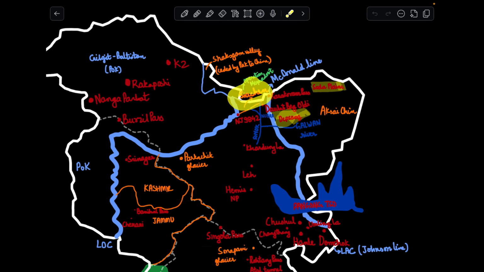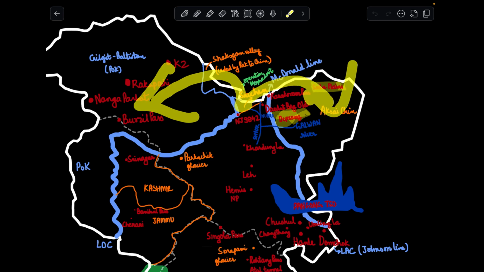In Siachen Glacier, the famous Operation Meghdoot was recently in the news. Operation Meghdoot was launched in order to gain control over Siachen. It is a very strategic location because it gives us an edge over both our neighbors, against the infiltration of Pakistan as well as China.